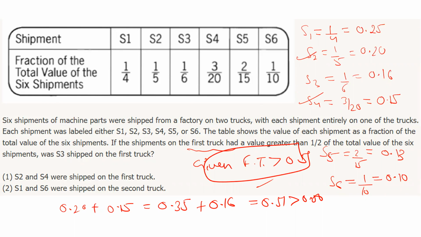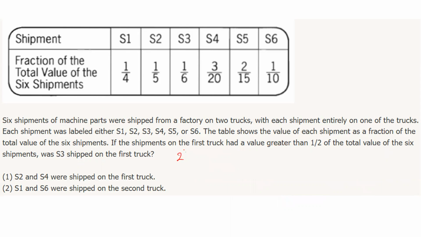I hope this particular thing is clear to everyone. Now if I talk about the second statement, S1 plus S6. S1, I told you, was 0.25 and S6 was 0.10. If we add both of them, it becomes 0.35.